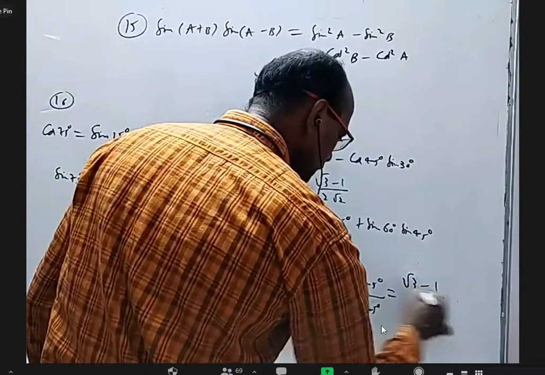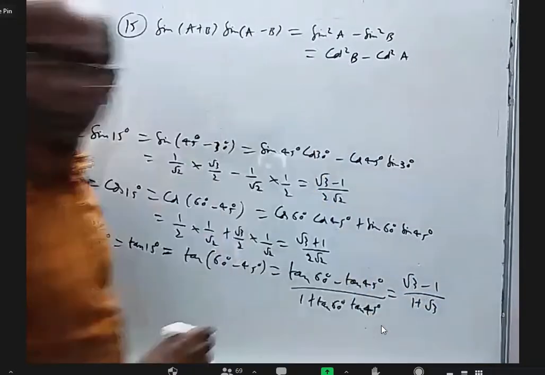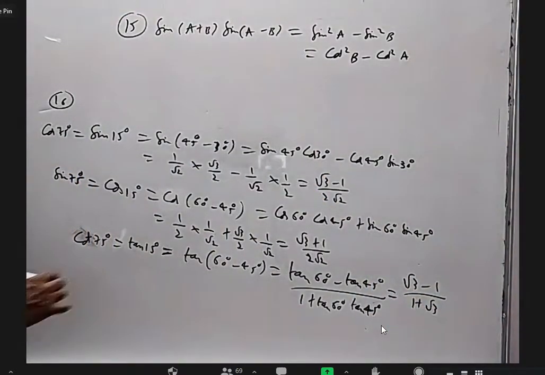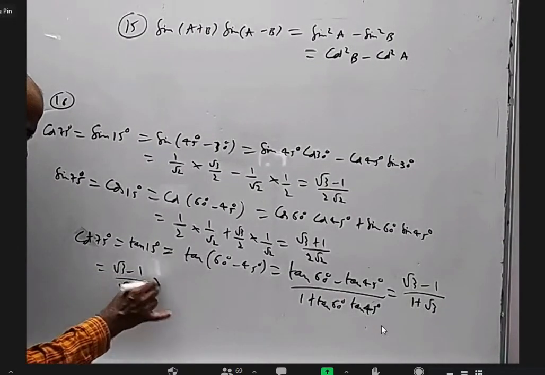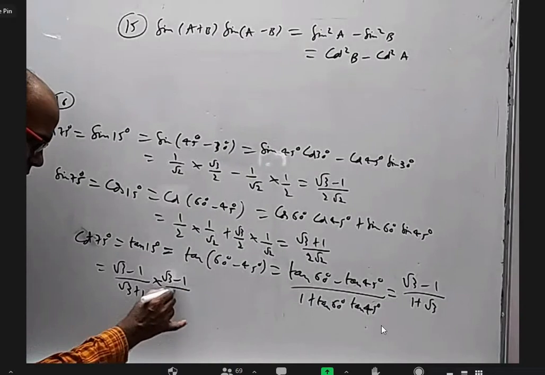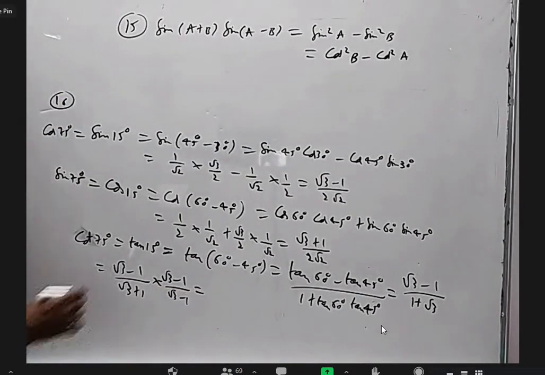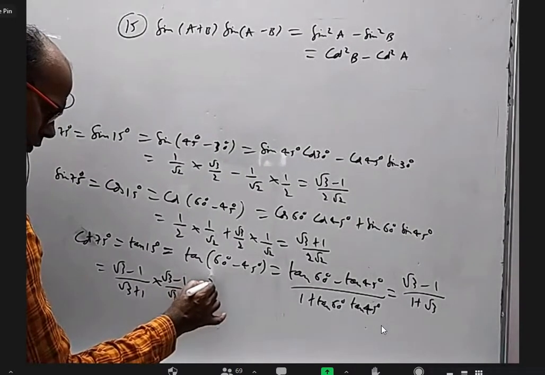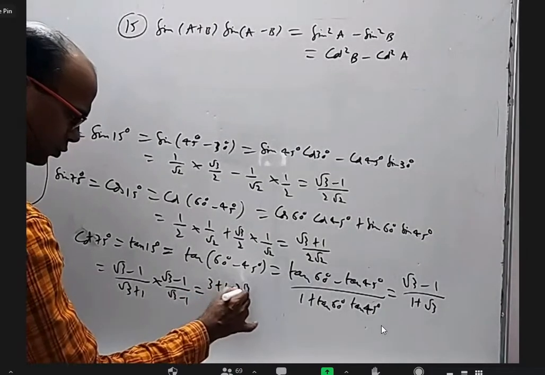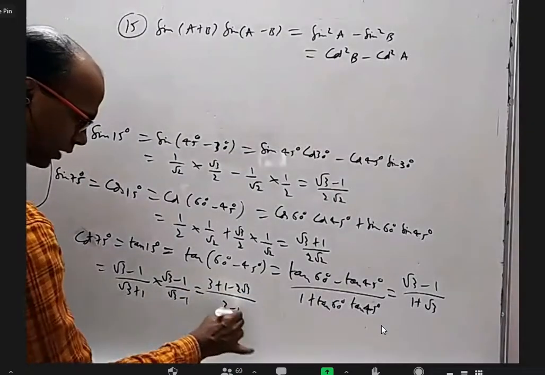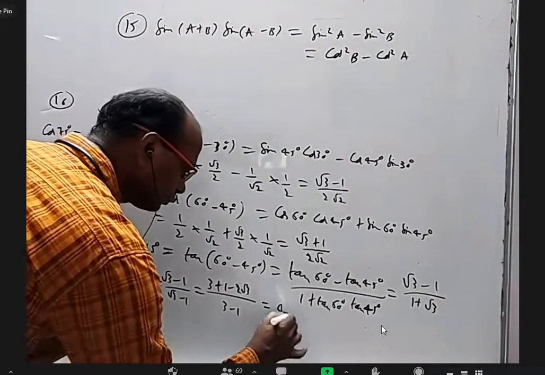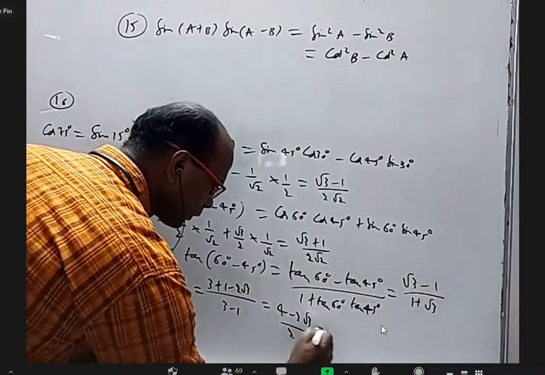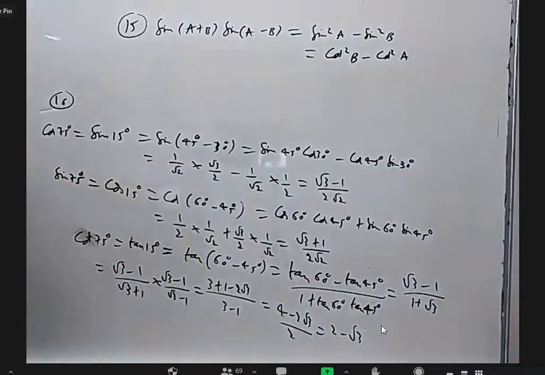So root 3 minus 1 by 1 plus root 3. Let us rationalize this. Root 3 minus 1 by root 3 plus 1, multiply with root 3 minus 1. So you will get 3 plus 1 minus 2 root 3 by 3 minus 1. That is 4 minus 2 root 3 by 2, which is 2 minus root 3.